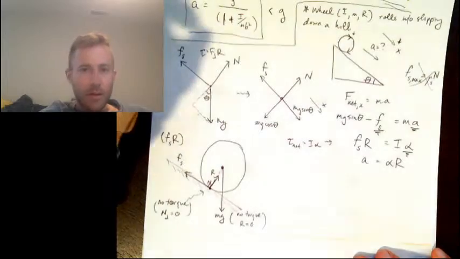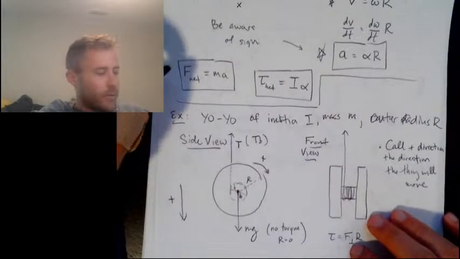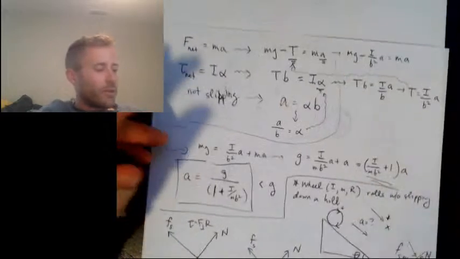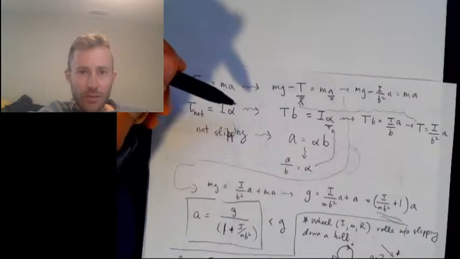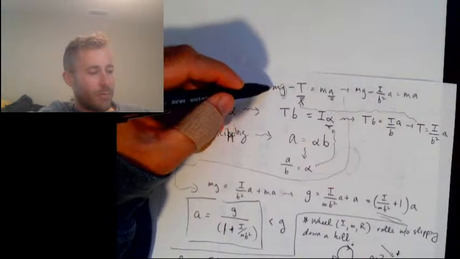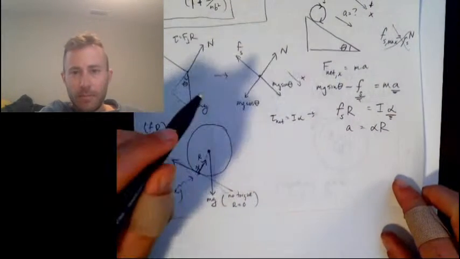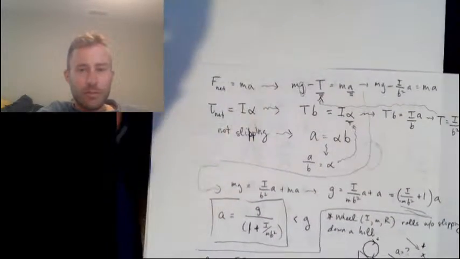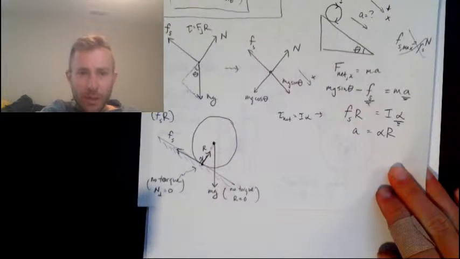This equation is actually identical to this equation with 2 changes. The first change is that I don't have gravity. I don't have mg; I have mg sine theta. And furthermore, instead of tension, I have friction. But everything else is the same.